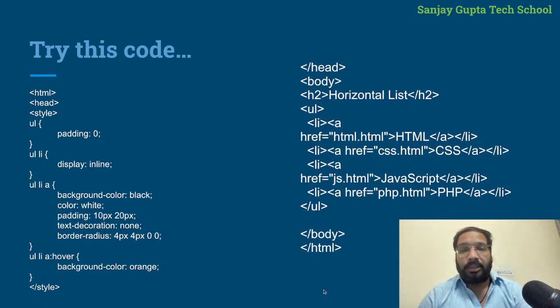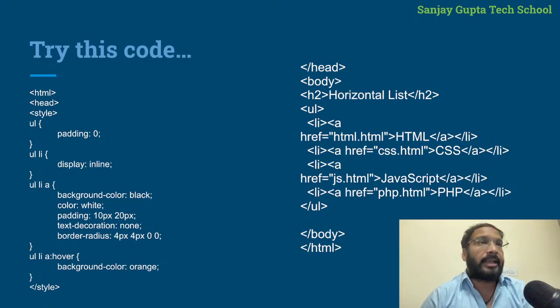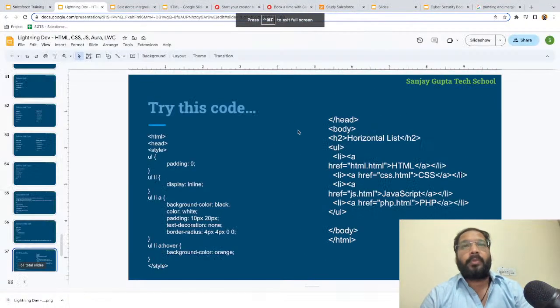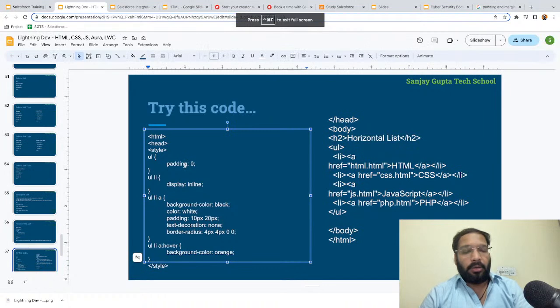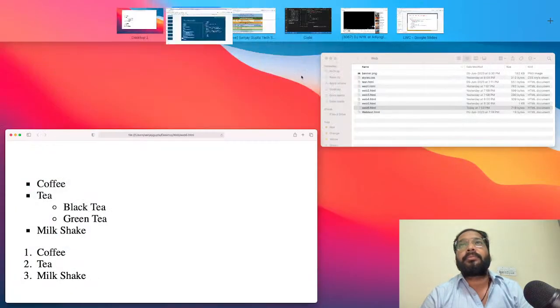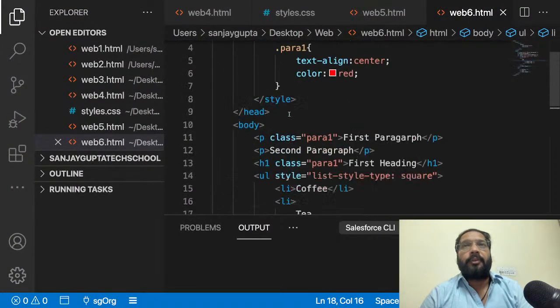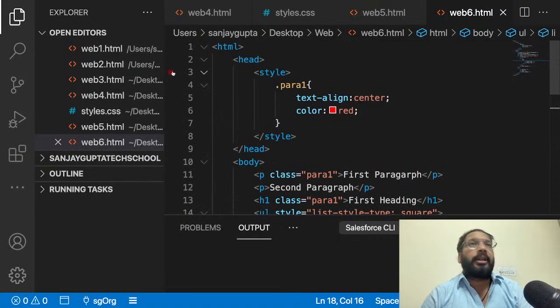So this is about the code that I explained to you, and I hope you are able to relate what is happening here. Now I'm going to implement this code for you so that you can understand what is actually happening in this code. I'm going to copy all this code, because if I type it, it will take a lot of time.